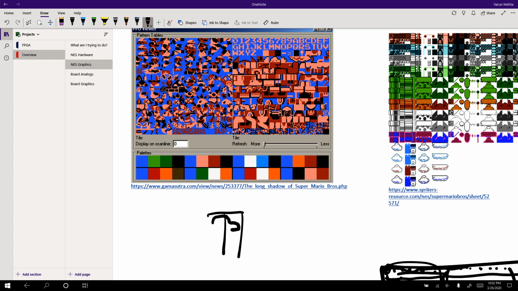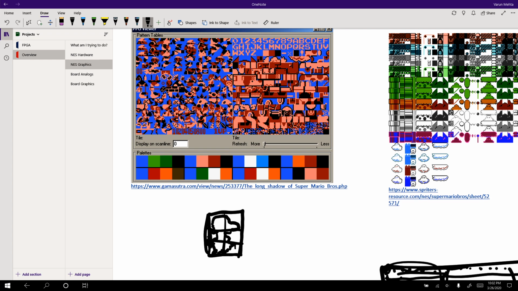You can imagine if this is Mario, and this is going to be a really bad looking Mario, but he's got his little feet and he's running, his hands, his hat, right? So Mario might be made up of 4 or 6 sprites, all kept together.